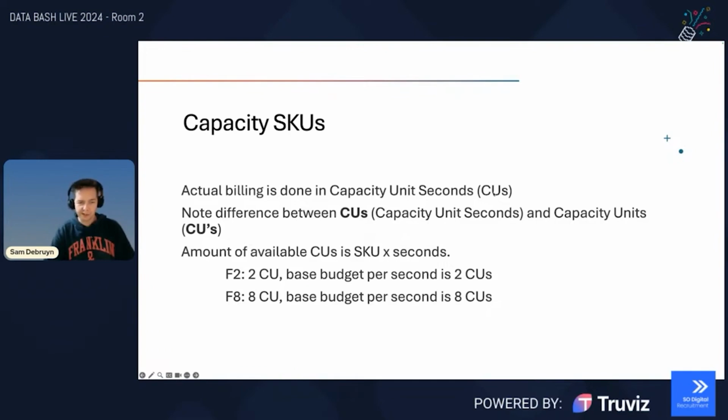Here you also see the different ways of writing. How many capacity unit seconds do you have? Well, basically every second, your budget is the amount of capacity units you have. That determines the amount of capacity unit seconds. So for example, for the F8 here, we have 8 capacity units, meaning our budget is 8 capacity unit seconds per second.